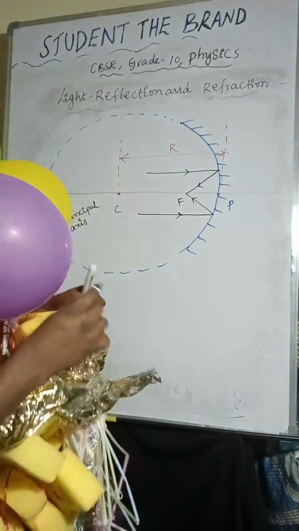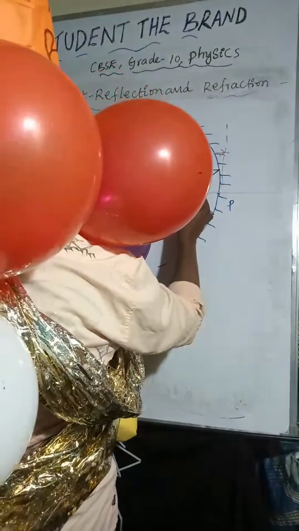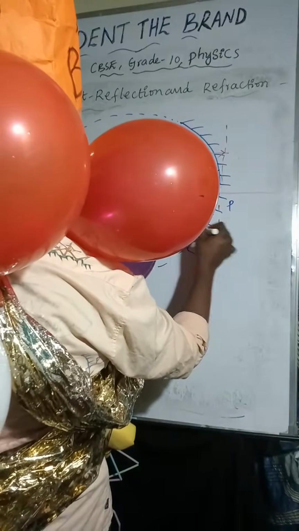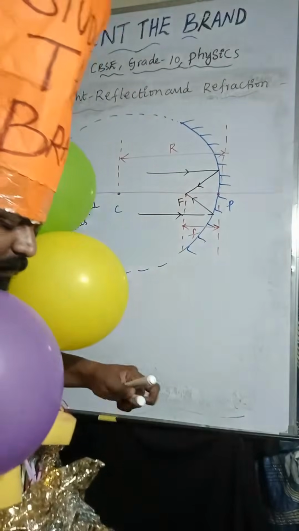The distance between focus and pole is called the focal length. And the width of the mirror is called the aperture.